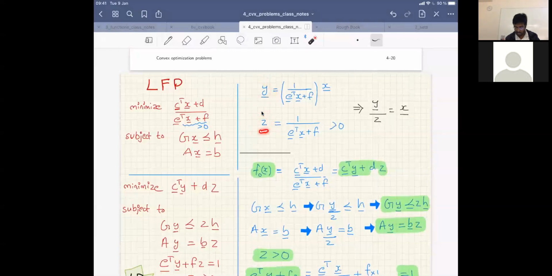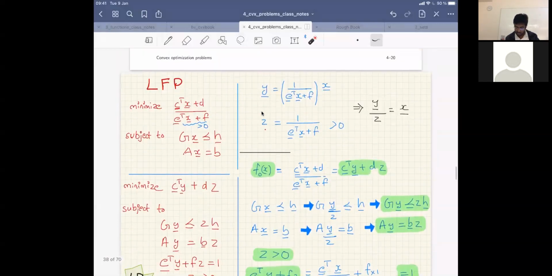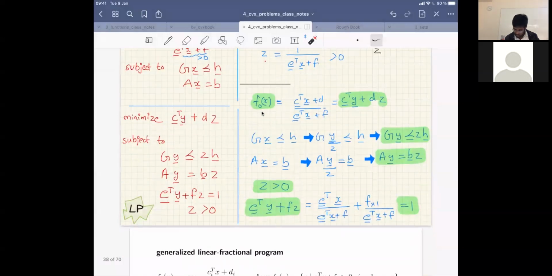One is z is 1 over e transpose x plus f. In our original function, this is positive. That is how we defined the linear fraction function. That means z has to be greater than 0. So that constraint will come. Another thing is y and z have a special form, so if you consider e transpose y plus f of z, you can evaluate this. e transpose into y, this is y, plus f of z, this is z, that will be 1.